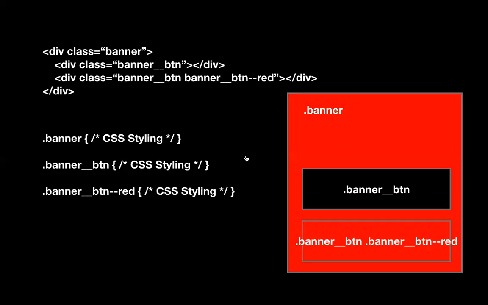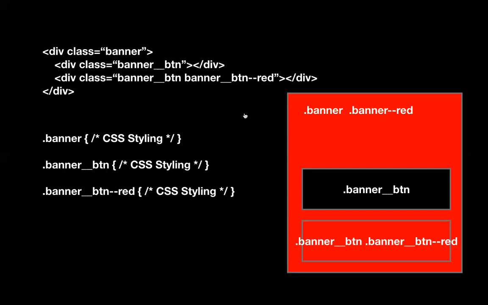So let's say your boss, again, Yuan, wants to make a change, right? He wants to make a red banner, a banner with a red background. So then we would have to change our classes. Let's make this a dash dash red, indicating that this banner block is going to be modified.